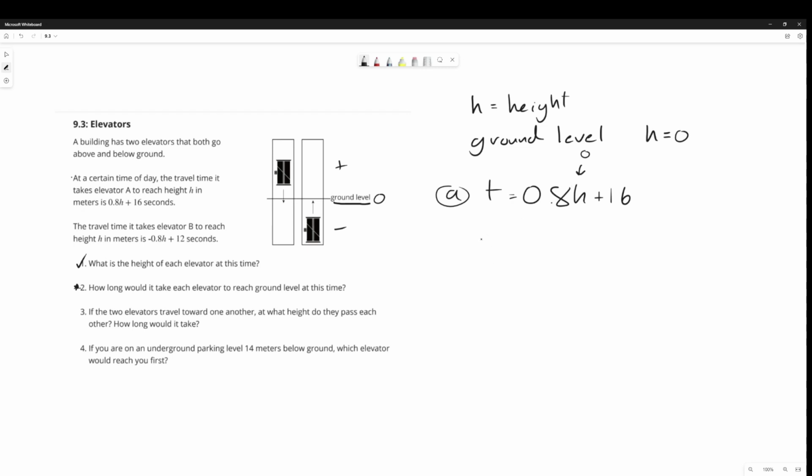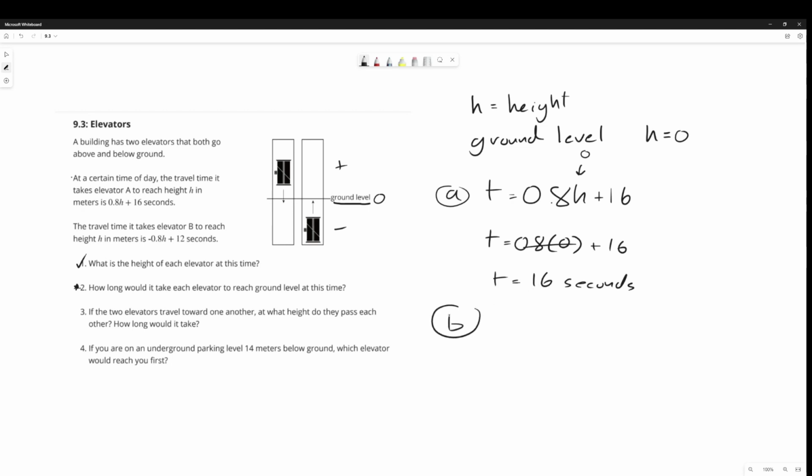So we're going to substitute 0 for h and solve for t. So t equals 0.8 times 0 plus 16. Of course, any number times 0 is 0. So really, this is t equals 16. So elevator A is going to hit ground level in 16 seconds because this is time in seconds.